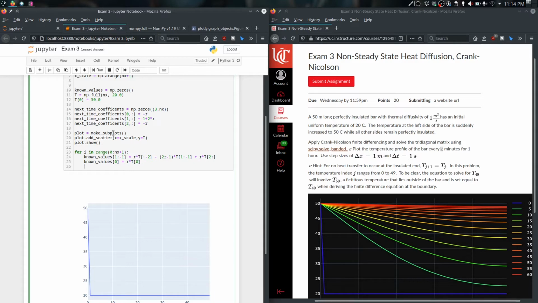But what about our insulated boundary? Well, since it's insulated, it has no heat flow, so it must be equal to the temperature previous to it. So you can say T at minus 1, the very rightmost, is equal to T at negative 2, just to the left of it. So force that to be true.